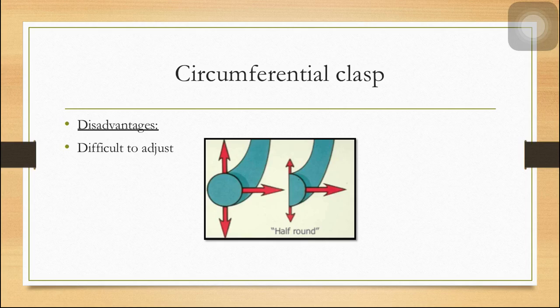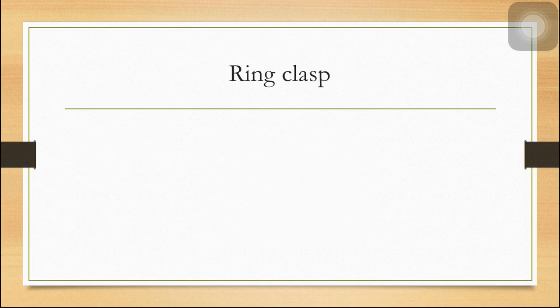Otherwise, in cases of combination clasp, we can use the round shaped wrought wire metal clasp arm as well. But in cases of circumferential clasp arm, the cross section is always half round in shape, which is difficult to adjust. It can only be moved towards or away from the tooth in order to increase or decrease the retention, which is a disadvantage.